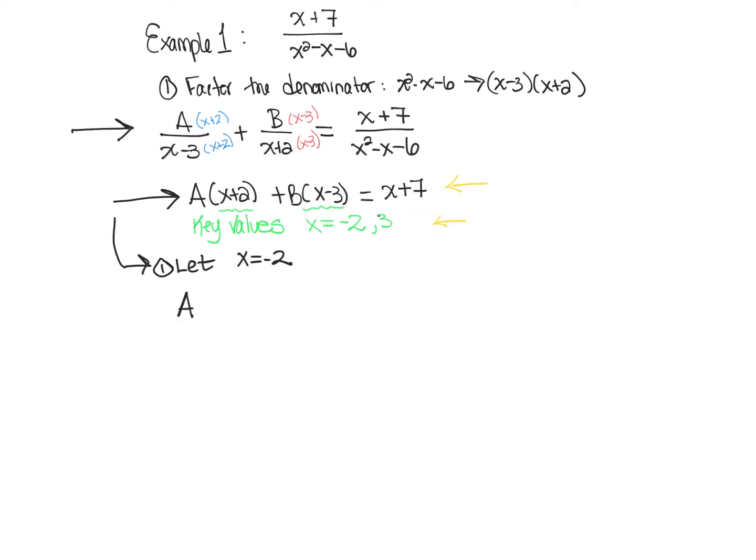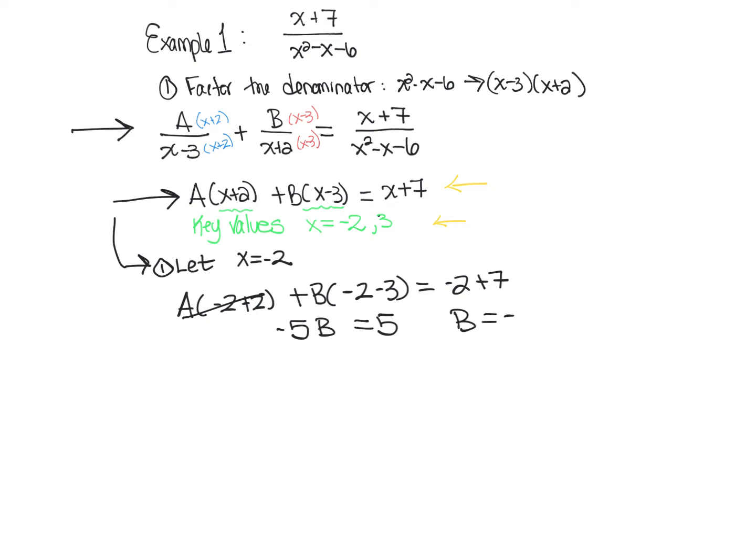So I'm going to do a times negative 2 plus 2, plus b times negative 2 minus 3, equals negative 2 plus 7. So this is going to become nothing. B times negative 5, since negative 2 minus 3 is negative 5, equals 5. And now we know that b equals negative 1. That was super helpful.